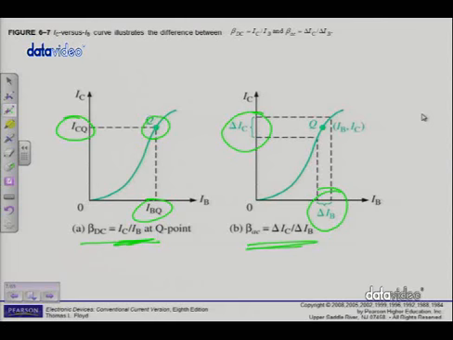Now I want you to make a note at this point. With the calculations or the designs or whatever we're going to do this semester, if you have only the value of beta DC available, which I normally get from the data sheet, and I have to do AC calculations, I can use beta DC to do my AC calculations as well, because I don't have beta AC.